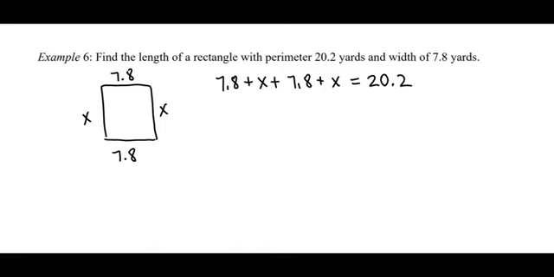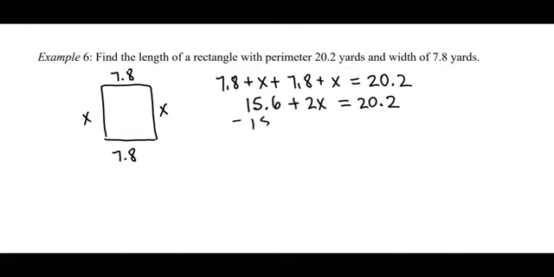Well, 7.8 plus 7.8 is a number, so we can add that together. That would be 15.6. And then x plus x is 2x, so 15.6 plus 2x equals 20.2.